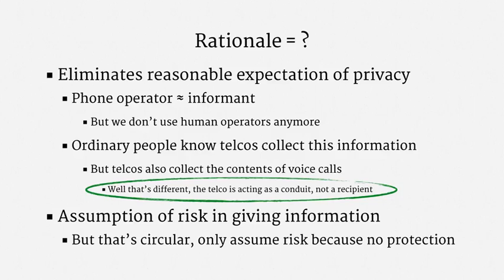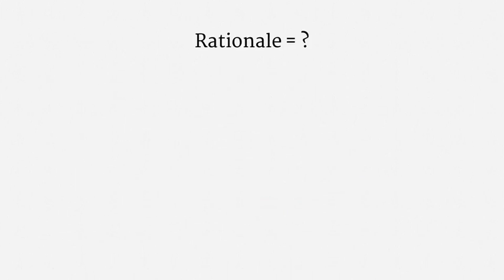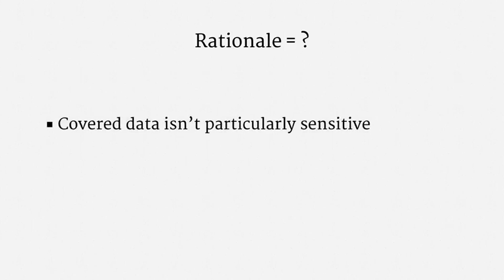There are a couple other rationales that have been advanced for the doctrine, more in policy and politics settings than in legal writing. One is that the data covered by the third-party doctrine isn't particularly sensitive. This information, the argument goes, isn't nearly as big a deal as the content of communications. And call records consist of numbers, not names.